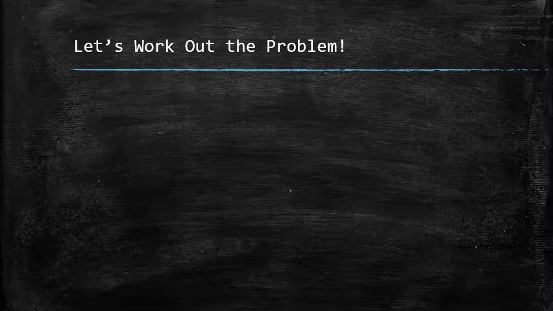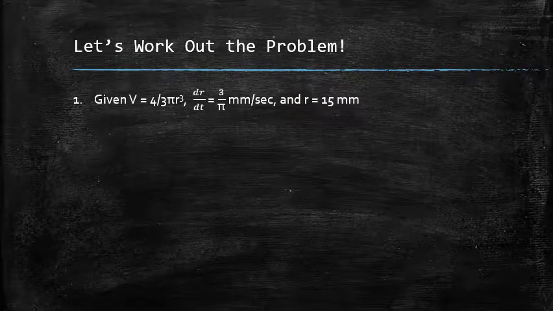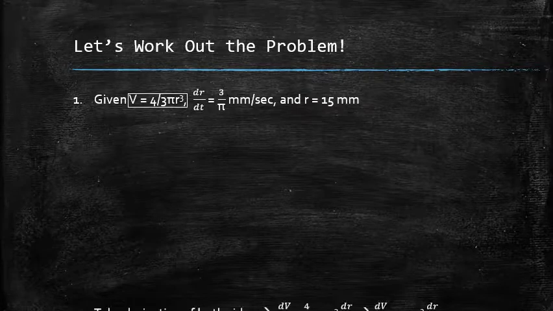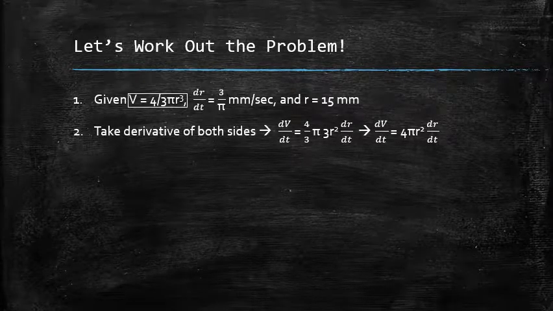So the first part was using circumference c equals 2 pi r to figure out our change in radius. And using the new givens, the formula for volume, knowing that change in radius is 3 over pi, we're going to find that when the radius of the planet is 15 millimeters in Lance's telescope. And so again, we're going to need to take the derivative of both sides by using implicit differentiation.